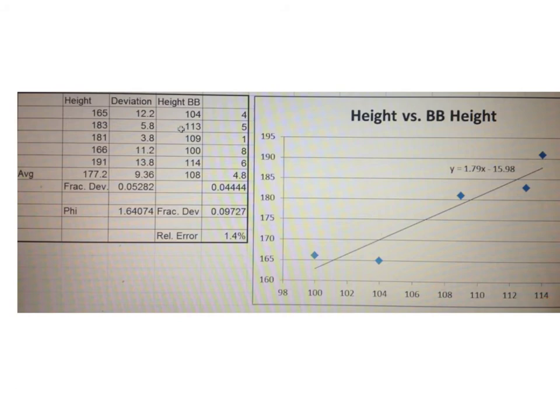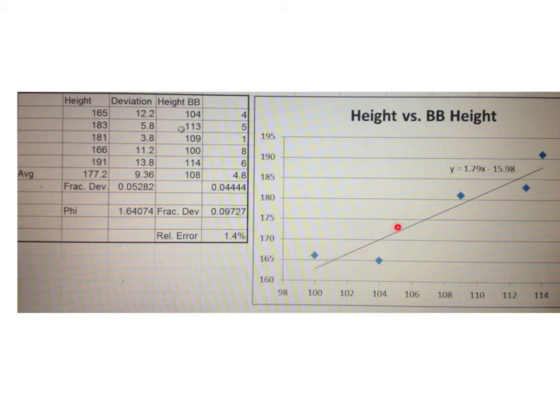So this dot corresponds to this data. This is 113 right here, which corresponds to here. This is 109, which corresponds to this data right here. This is 114, which corresponds to this. And so you're going to make your dot right here.